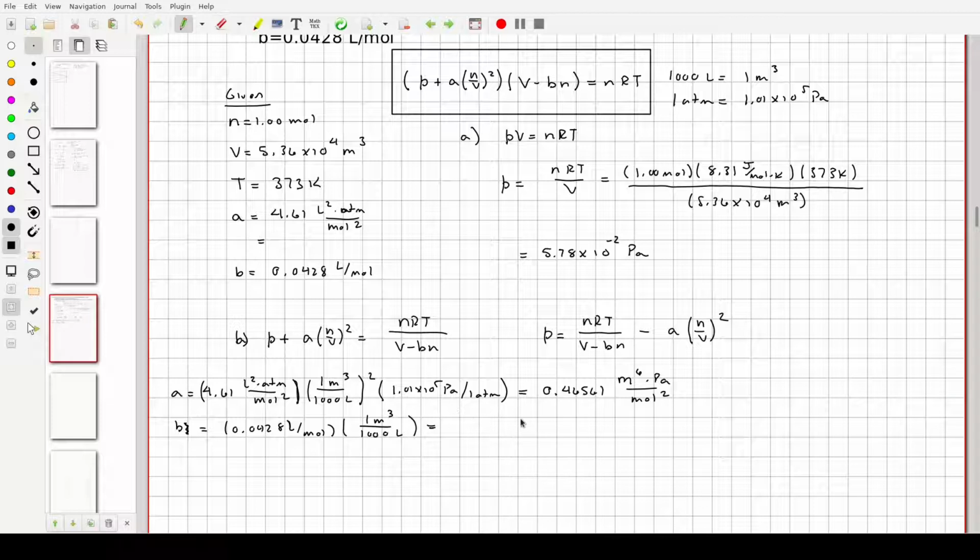So really just dividing it by 1,000. So when you do that, that's going to end up being 4.28 times, let's see, there's 2, 3, 4, 5, 10 to the minus fifth cubic meters per mole. All right, so let's see here.